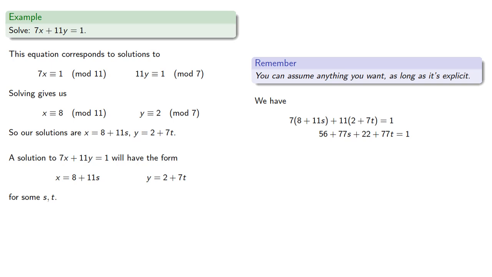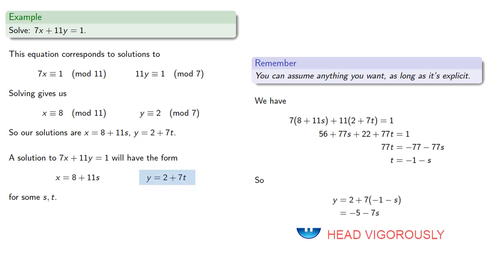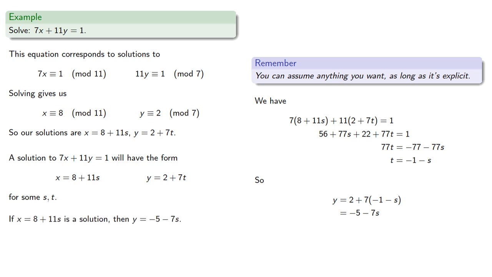Let's solve this for t. And so this value for t will allow us to rewrite our equation for y. So if x equals 8 plus 11s is a solution, then y must be negative 5 minus 7s.